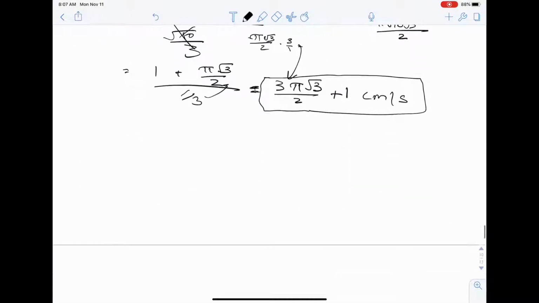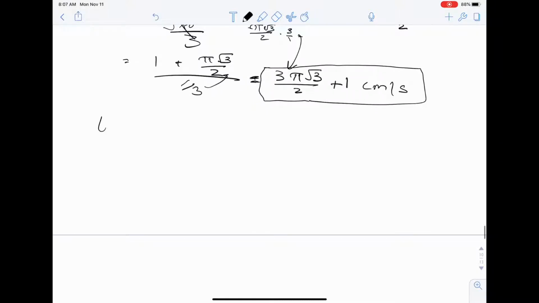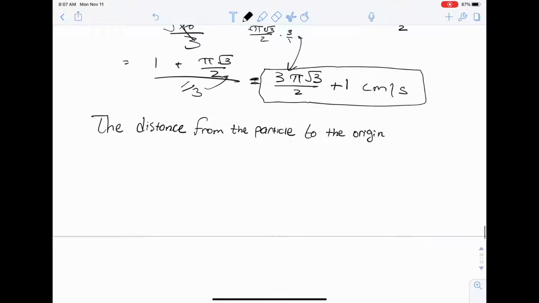Well, all we have to write is the distance from the particle to the origin is increasing at a rate.